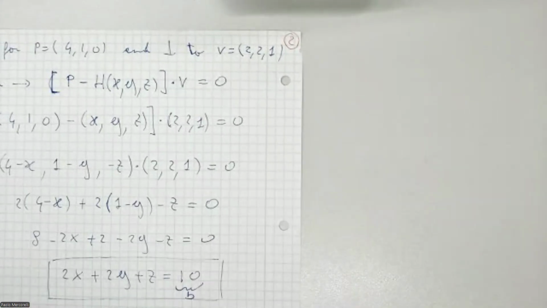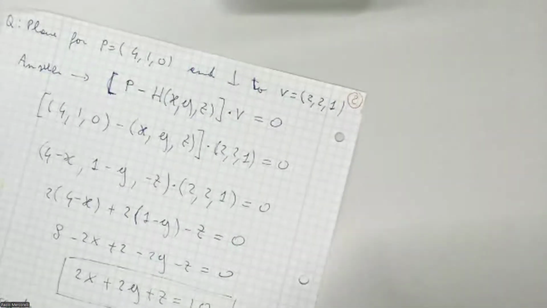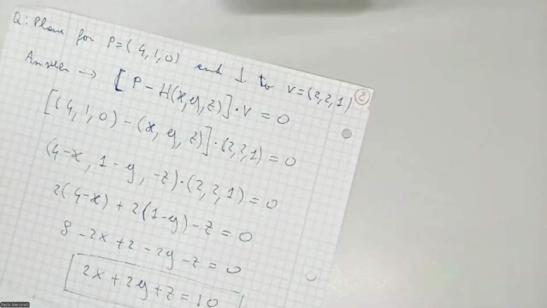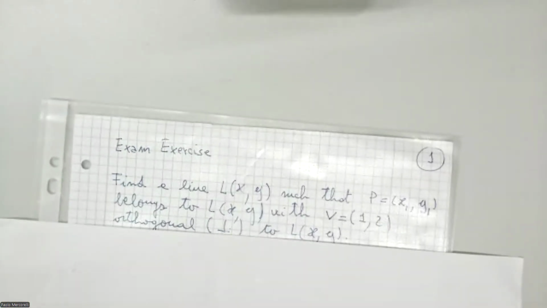Let me show everything again using the line, so we will reconsider it in an easy way. Look at this exam exercise, and then we will recall everything again. This I can draw because we have just 2 dimensions.